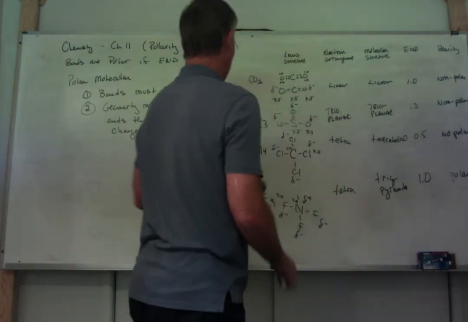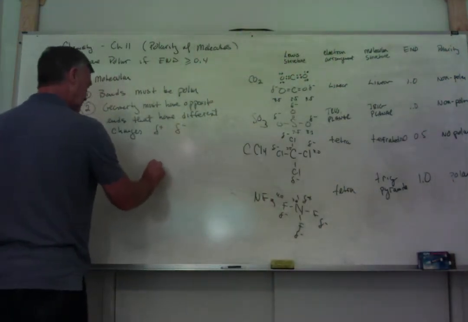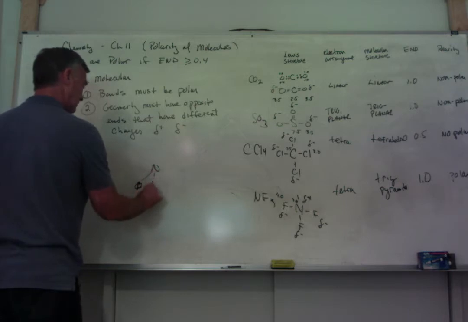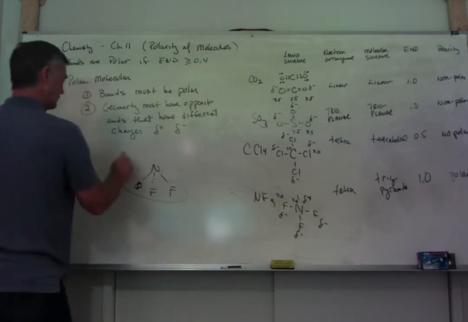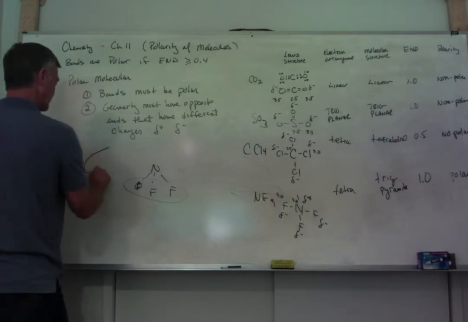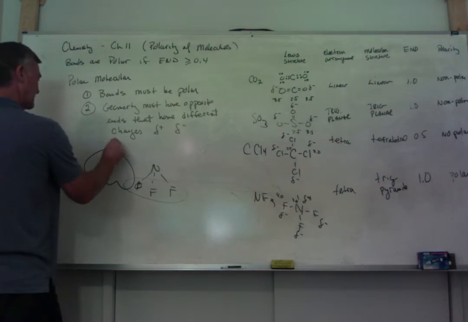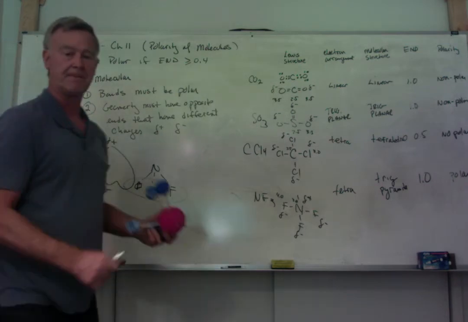If we actually have it drawn out, where we have fluorine, fluorine, fluorine, this whole end here, if I was to draw this, it would be a shape something like this. This is the positive end, this is the negative end down here.